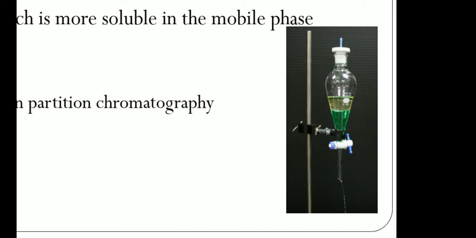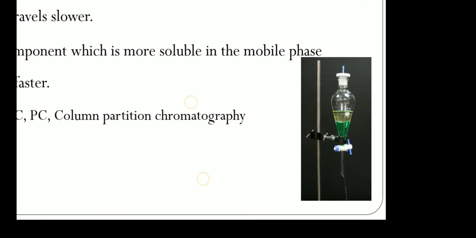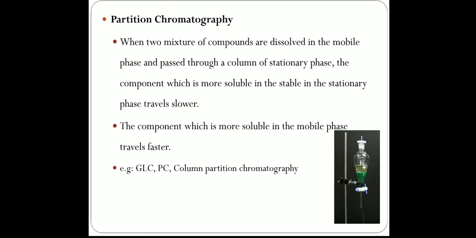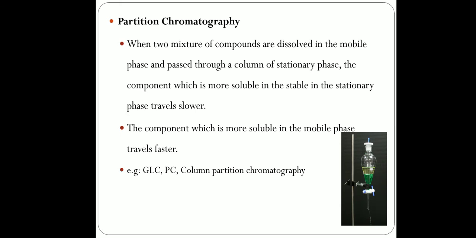They have passed one green color substance that may be usually soluble in the lower phase. So that gets separated depending upon their partition coefficient. The components are separated depending upon the partition coefficient. So when two immiscible liquids are present, a mixture of solute will be distributed according to their partition coefficient.